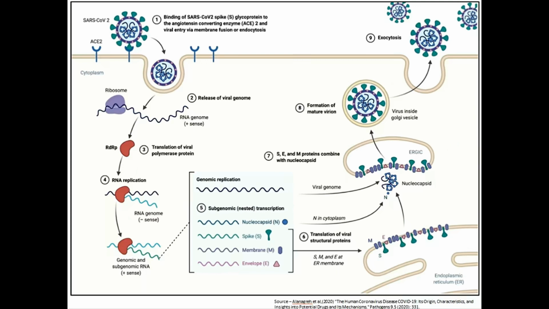Mature virions are formed after the assembly as in step 8 and then are transported to the cell surface in vesicles and released by exocytosis. In this way, the virus multiplies inside the host cell and is released by exocytosis to cause further infection.